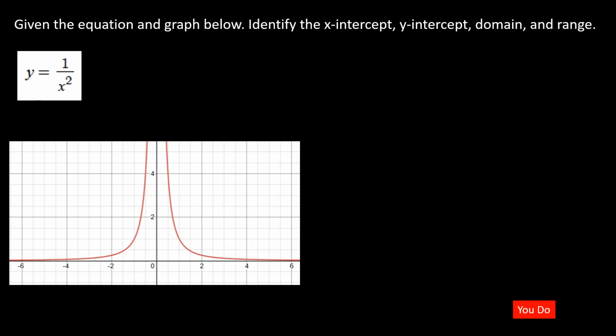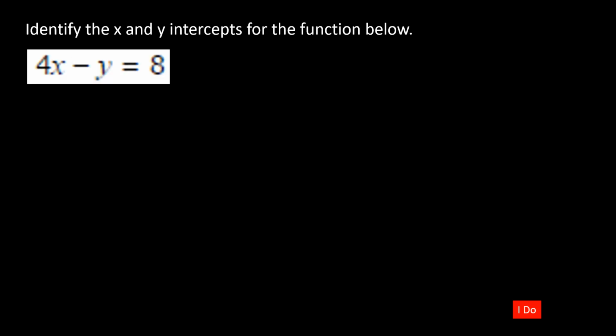Let's move on. So here I want you to identify the X and Y intercepts for the function below. So this was a beginning skill. When we're looking for the X intercept, we want to set Y equal to 0, okay? So that when we do that, we're going to have 4x minus 0 equals 8.